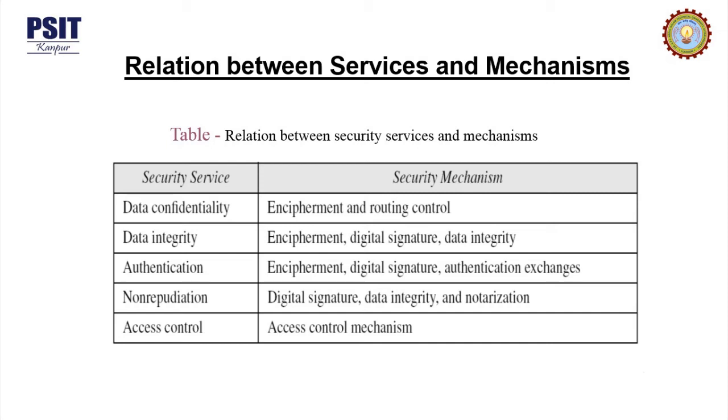For access control, there are certain access control mechanisms through which we can implement access control services for any organization. So I have explained the various security mechanisms required for enabling different security services.